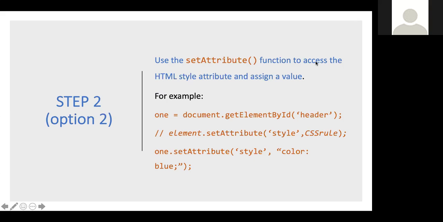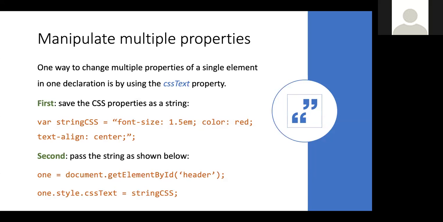So it is quite straightforward so far. We can actually ask how do we manipulate multiple properties for a single element, and how do we actually target multiple HTML elements and modify multiple properties for all of them together. So how do we manipulate multiple properties?